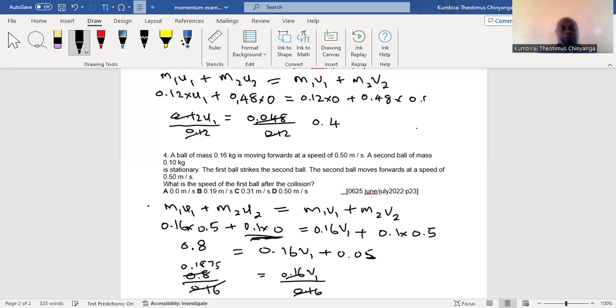But you can see that in the options provided, we do not have 0.1875, but we have got 0.19, which is 0.1875 rounded to 2 decimal places. So in addition to having knowledge about how to apply these equations, we also need a good mathematical background, rounding off and solving algebraic equations.